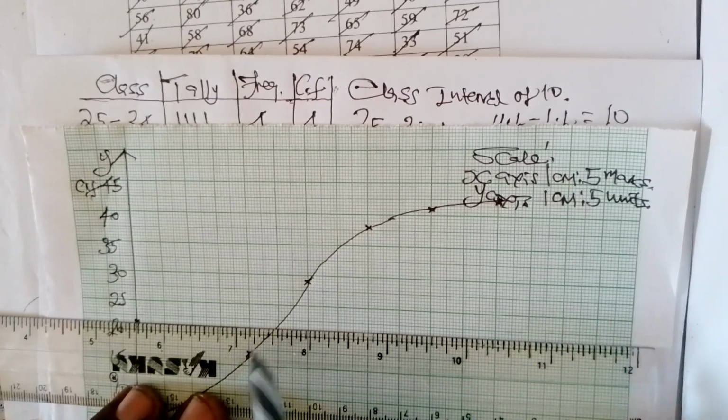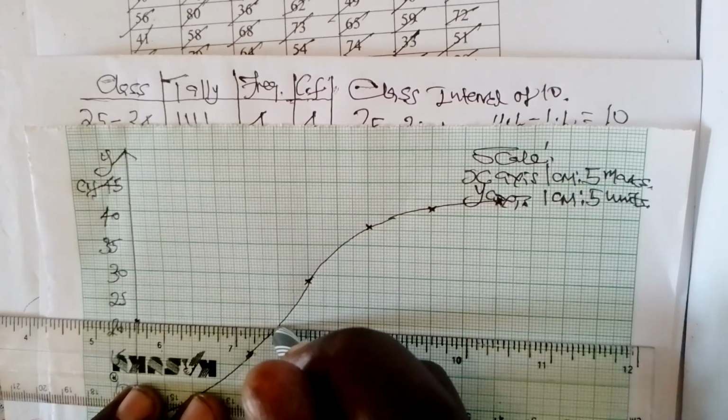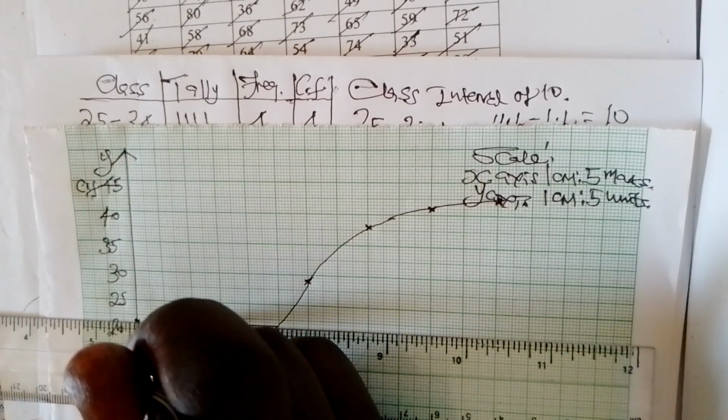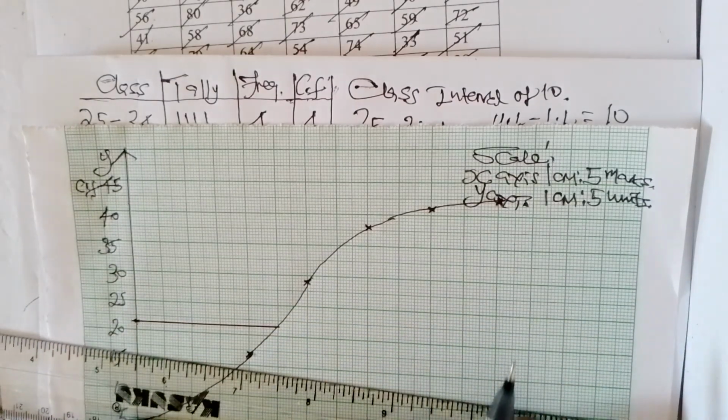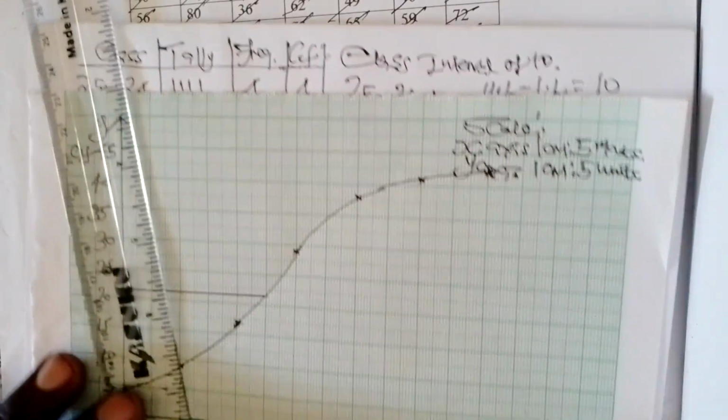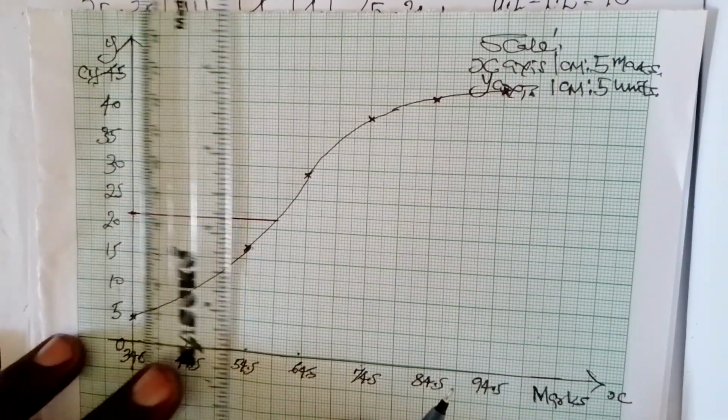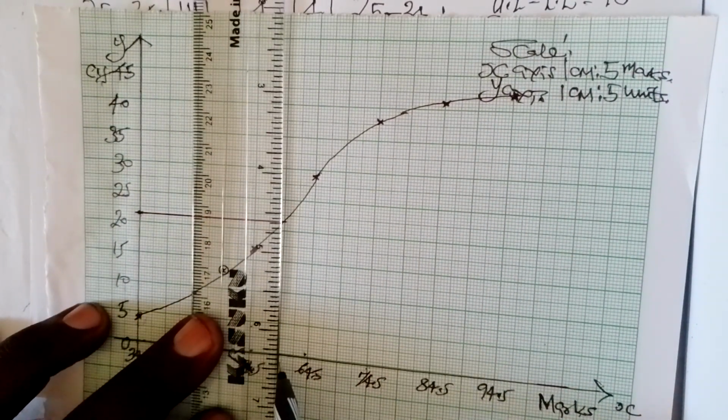You must be very careful and accurate, like that. Where it cuts your graph, drop a perpendicular.